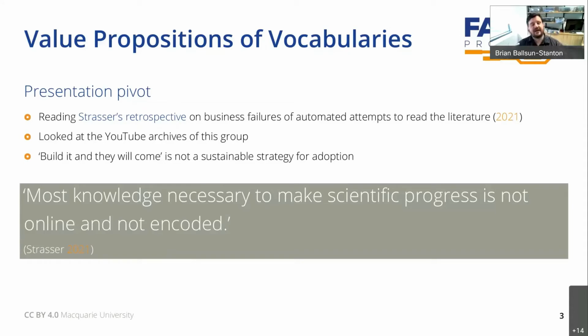And this ties directly into credit. When a researcher is bringing their tacit knowledge, their understanding of what gets published, their understanding of how to do research within their discipline, so a very Lakatosian philosophy of science, trying to draw theoretically established vocabularies into their work is actually really hard.